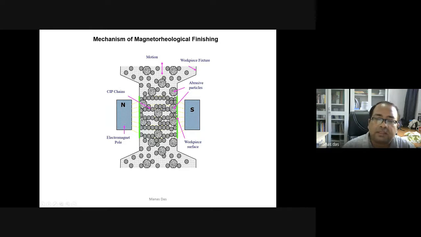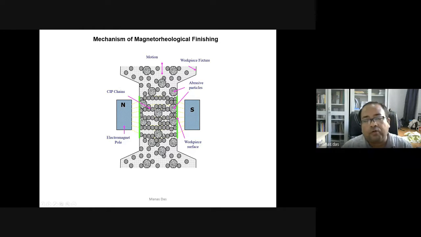These CIP chains are not continuous because the abrasive particles are non-magnetic, and only the CIP particles are ferromagnetic. Whenever a non-magnetic abrasive particle comes, the CIP chain structure breaks, and immediately after that another chain structure forms.